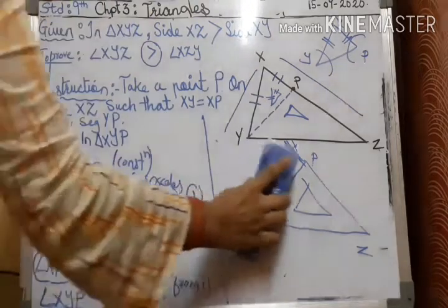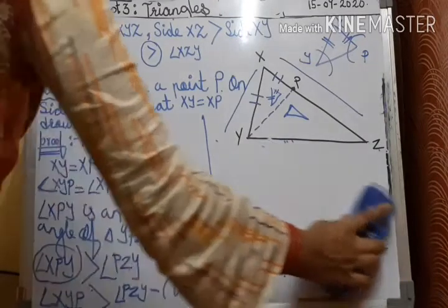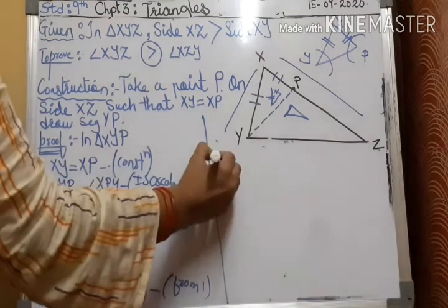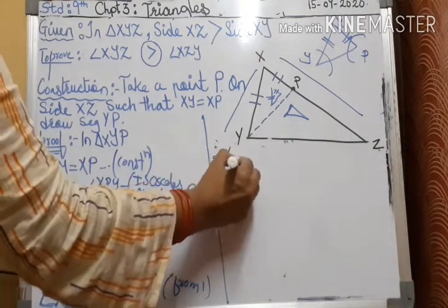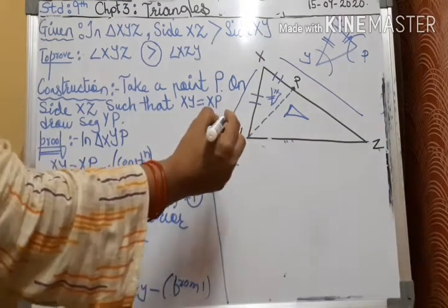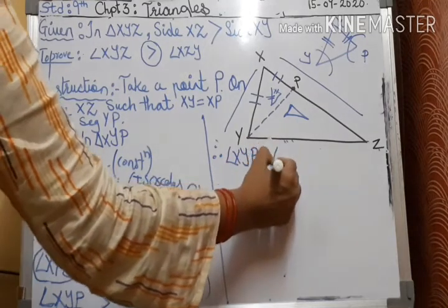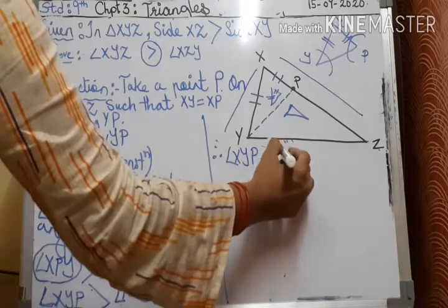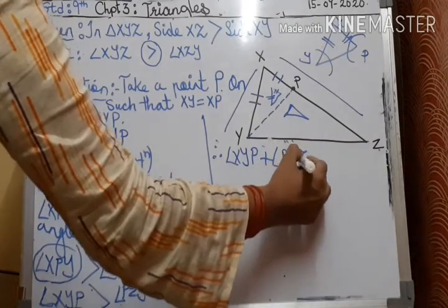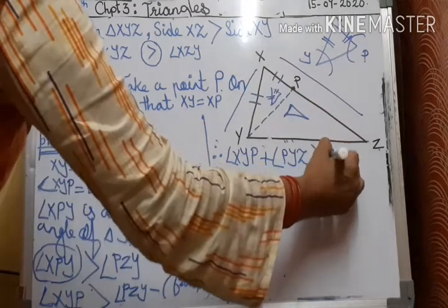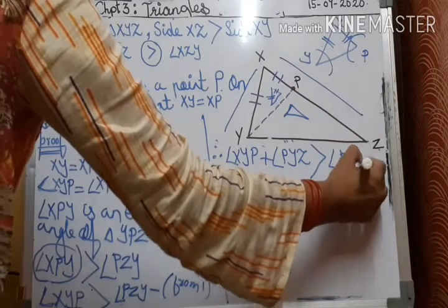Now therefore angle XYP plus angle PYZ is greater than angle PZY.